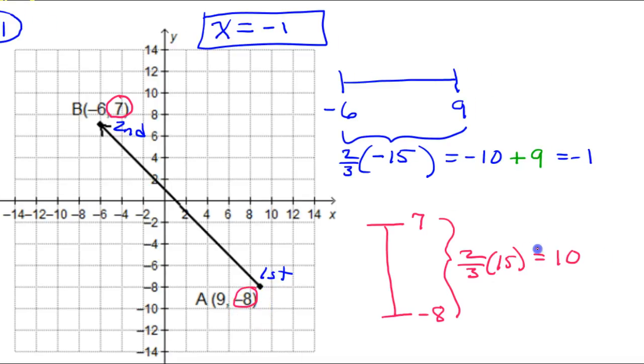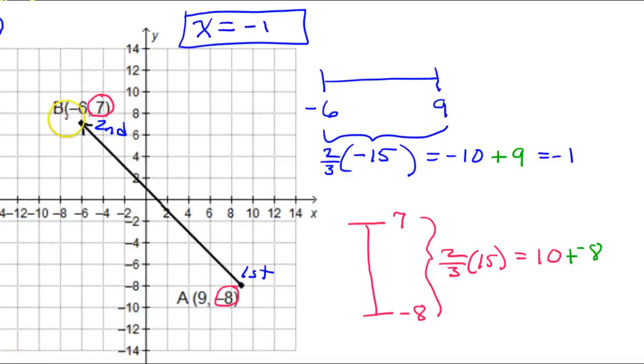So I'm going to add the -8, so plus -8. And that will give me the actual answer. So 10 plus -8 is 2. So that equals 2. So that's the y value. So now I have y is equal to 2.